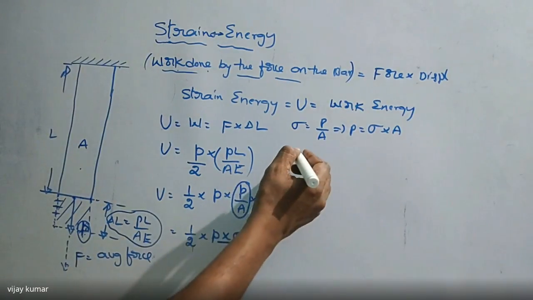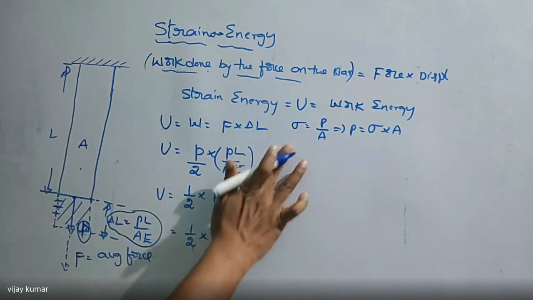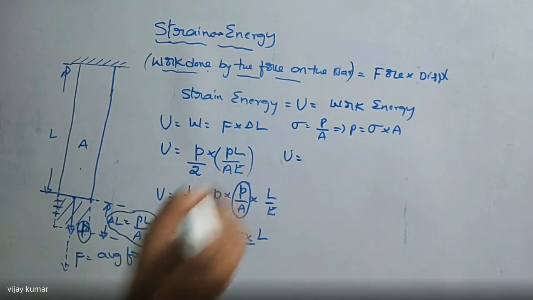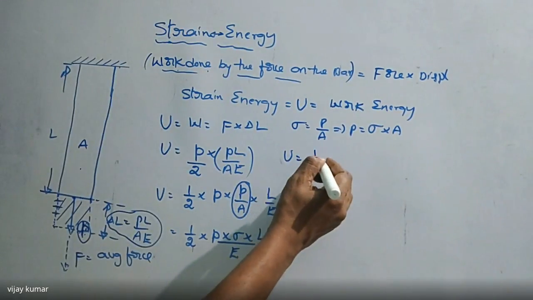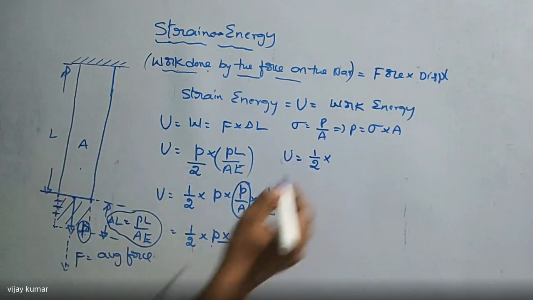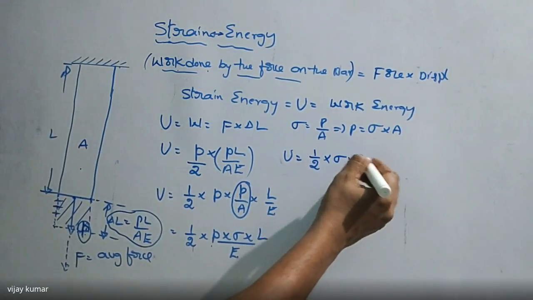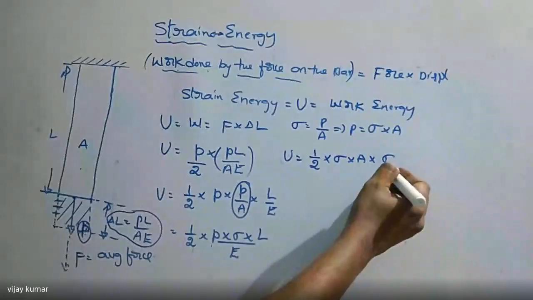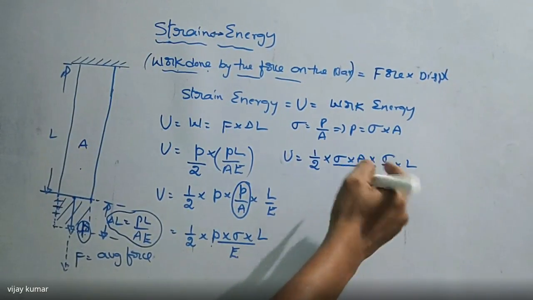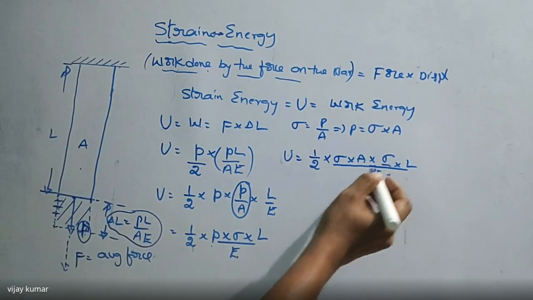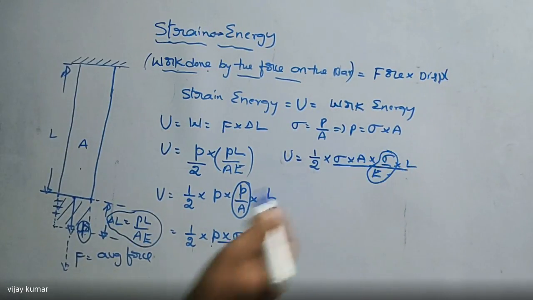Then automatically I'm writing here strain energy is equal to half into, in place of P, sigma into A, into sigma by E, into L divided by E. But sigma by E is nothing but strain.